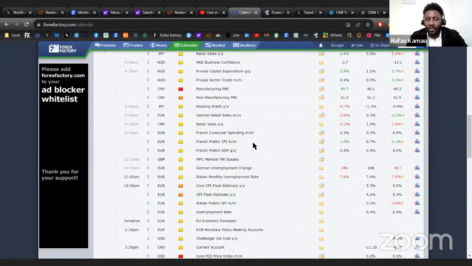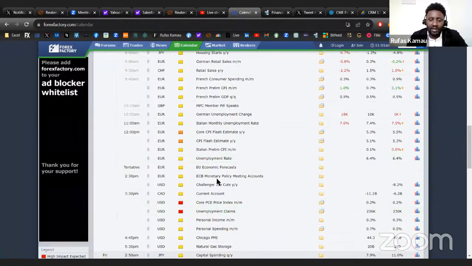But from what we are seeing with the French CPI, there's a high likelihood that we could be seeing inflation jumping higher. We'll also be looking at the unemployment rate in the Eurozone before the ECB monetary policy meeting accounts, or basically the meeting minutes, at 2:30 p.m. This has the potential to also cause some volatility on the euro pairs.